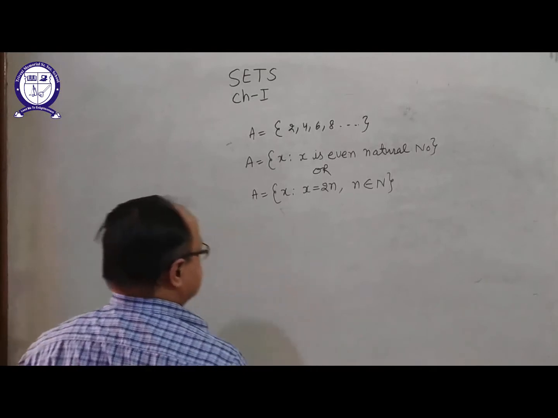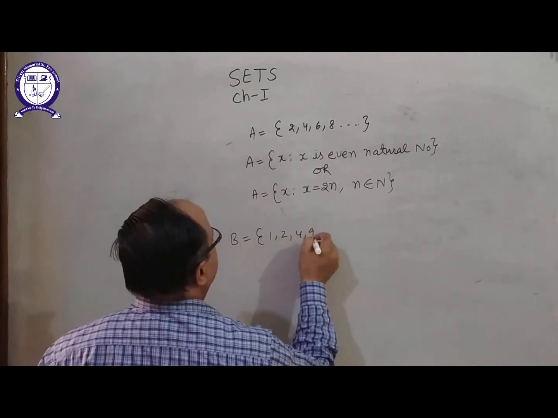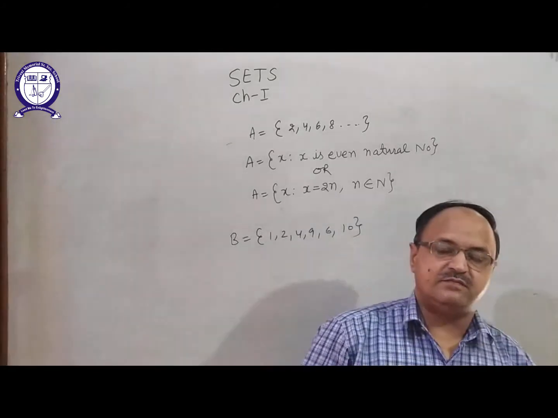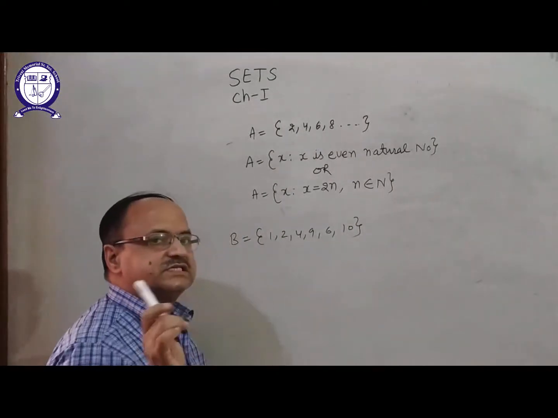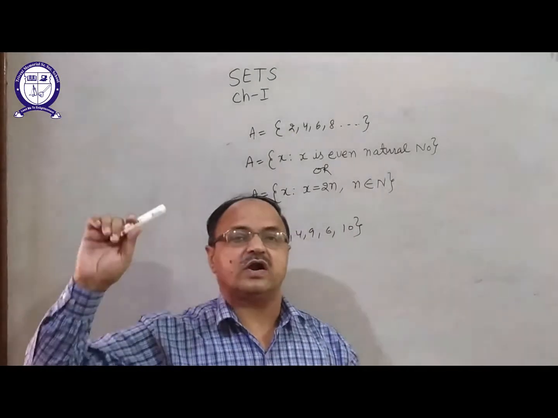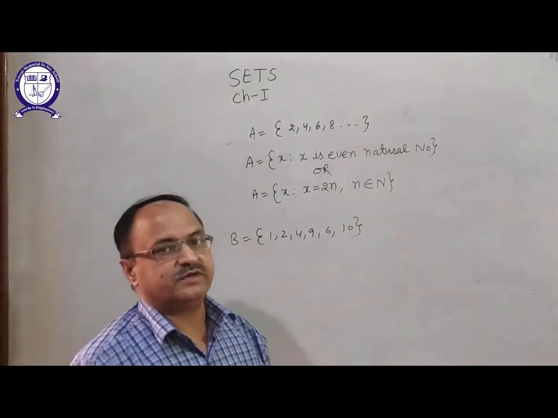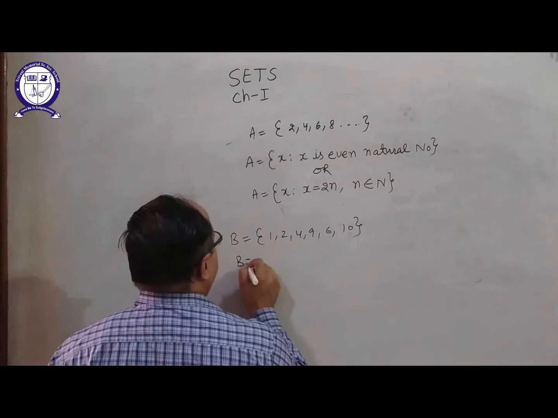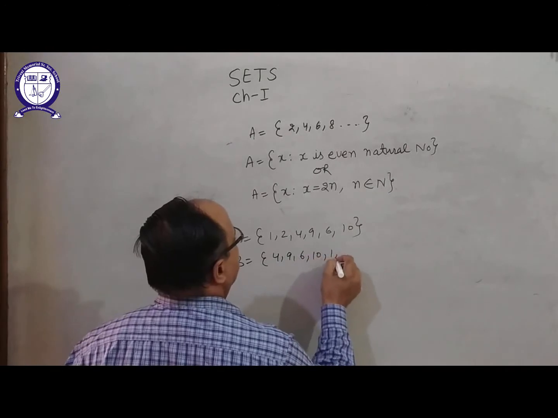And the next is B, that is you can write {1, 2, 4, 9, 6, 11}. You can write the elements of a set in any order. It is not necessary to write the elements in ascending order or descending order. You can write the members in any order as you like. Similarly, you can write, for example, {4, 9, 6, 10, 1, 2}.